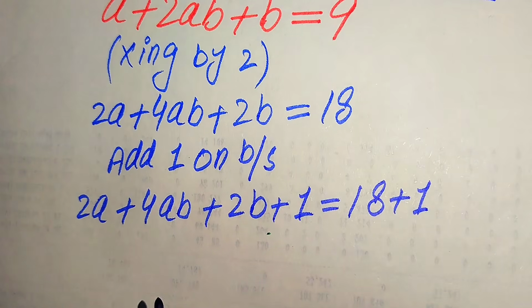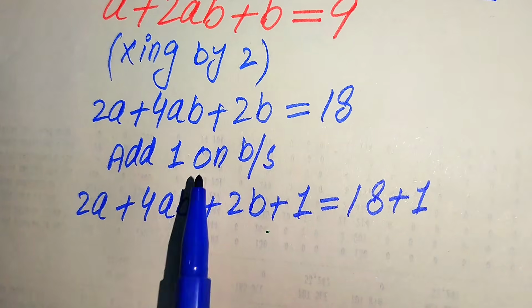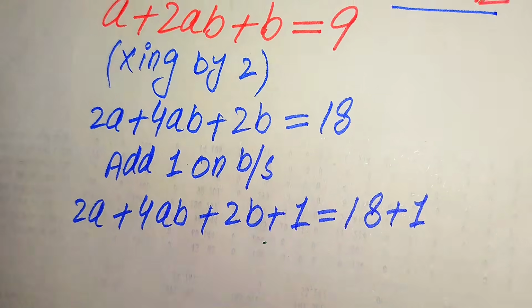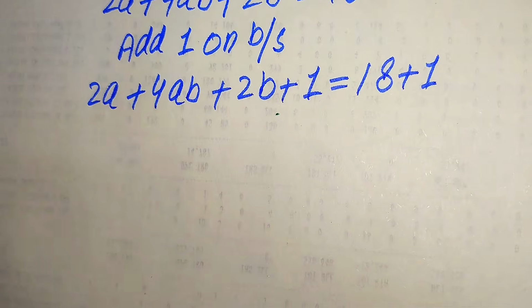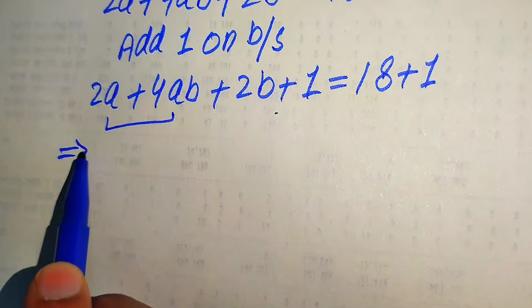The reason of doing these two steps is that first we need to make the factors of this equation. So in order to make the factor of the left hand side, we need to do these type of steps.